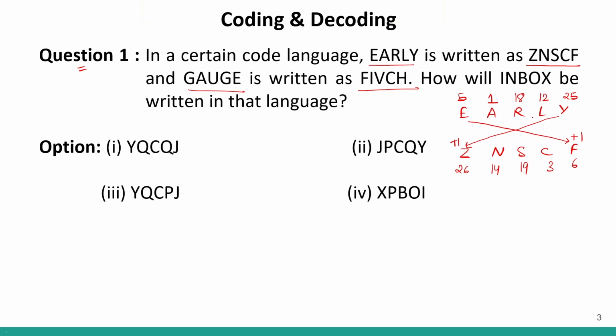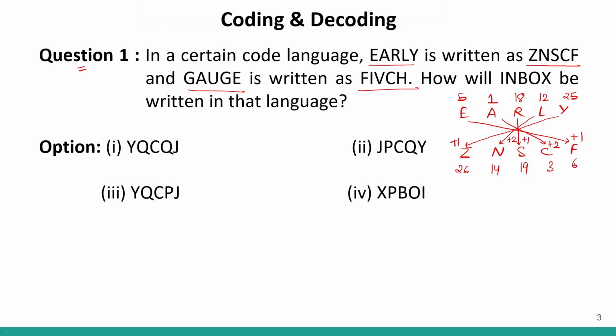Correct? From L to N, we are moving 2 positions forward. Similarly, from A to C, we are moving 2 positions forward. And from R to S, we are again moving 1 position forward. So the positions that we are moving forward are increasing by 1 and 2. Correct? They're increasing by 1 and 2.